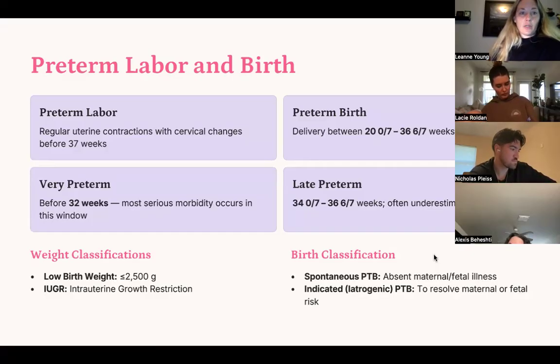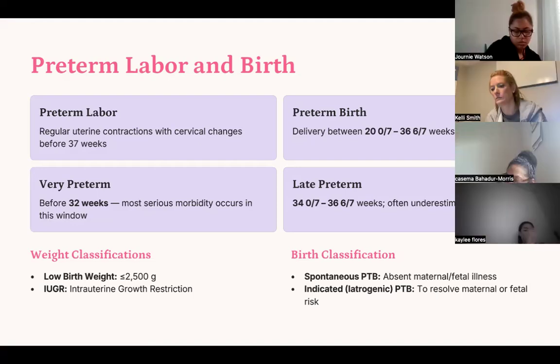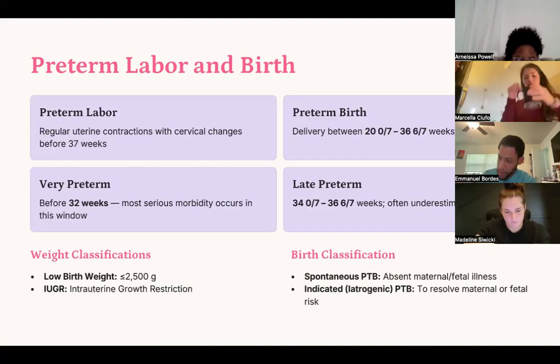Something happened to trigger her to go into preterm labor. Okay. This also could be with or without maternal or fetal illness. So it is just spontaneous. It's what it says, spontaneous. It happens without necessarily any reason. We don't really have an exact cause. We can't pinpoint why this is happening.